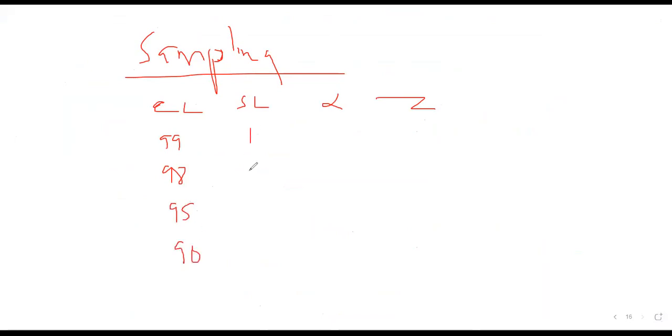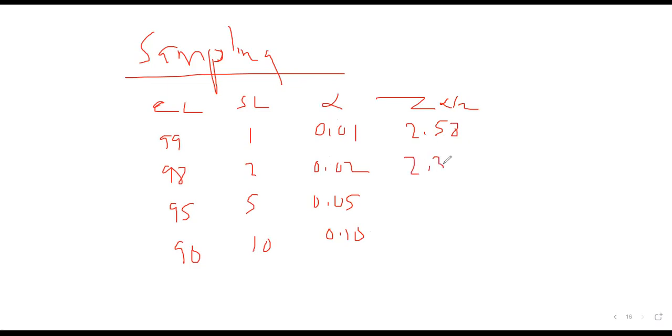The difference is 1, 2, 5, and 10. That is 0.01, 0.02, 0.05, and 0.10. Then for a two-tailed test, it's 2.58, 2.33, 1.96, and 1.645.